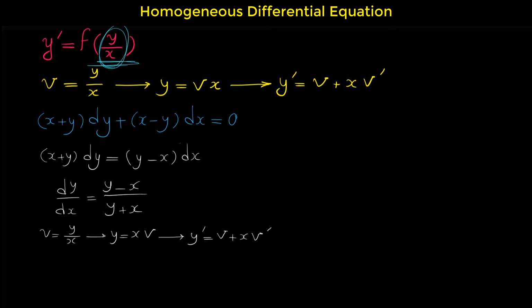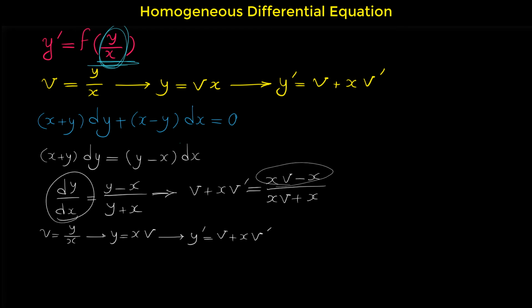Now if we substitute this y prime with v plus xv prime, we have v plus xv prime equals, if we replace this y with xv, x times v minus x over x times v plus x.